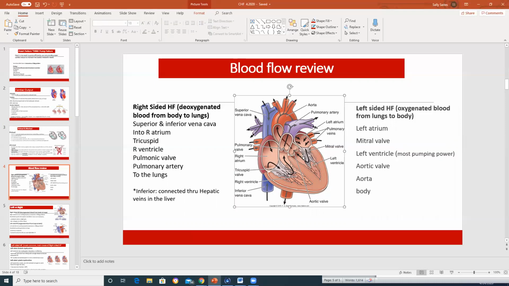Okay, this is much stronger than the right ventricle. And that makes sense because this is what we need to be really strong to pump all that oxygenated blood up into and circulating our body. Okay, so it's going to contract now. It's going to go through systole, and the blood is going to go up the aortic valve, and then from the aorta circulate into the body to oxygenate our cells.